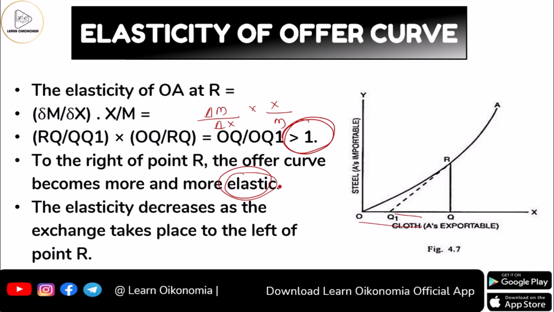The elasticity increases to the right, and the elasticity would be coming down towards the left of R. So this happens towards the left of point R. This is the case of the offer curve of nation A.